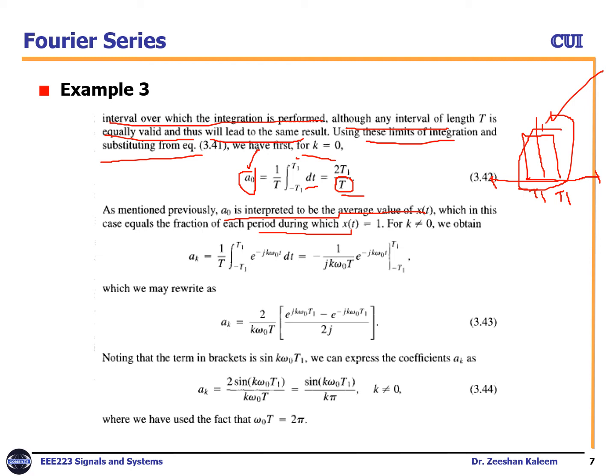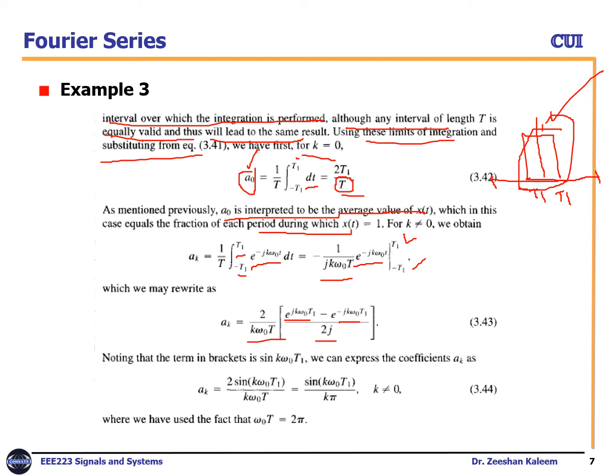For k not equal to 0, we obtain ak equals 1 over T integral from minus T1 to T1 of e to the minus j k omega naught t. When we integrate, you will get minus 1 over j k omega naught T times e to the minus j k omega naught t, evaluated from minus T1 to T1. Putting in the values T1 and minus T1, and doing some mathematical manipulation, we may rewrite it as 2 over k omega naught T times (e to the j k omega naught T1 minus e to the minus j k omega naught T1) over 2j.